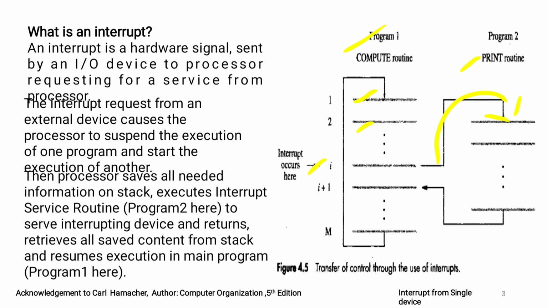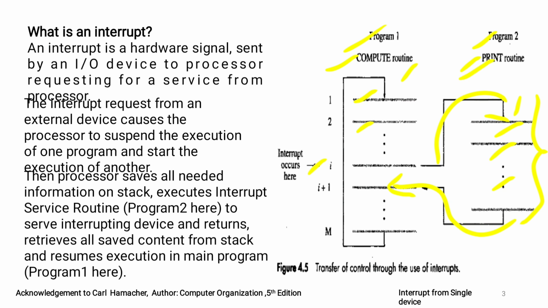The interrupt service routine is a special set of instructions meant for serving that device, here the printer. The processor executes those instructions and serves that external device. After that it resumes its operation in the main program, here the compute routine. So the interrupted program is the compute routine, and the interrupting program is the print routine.